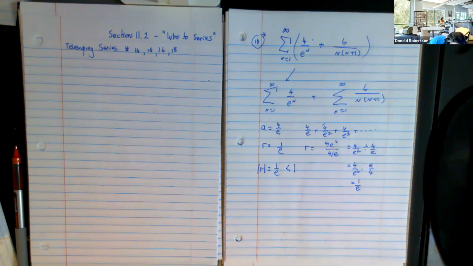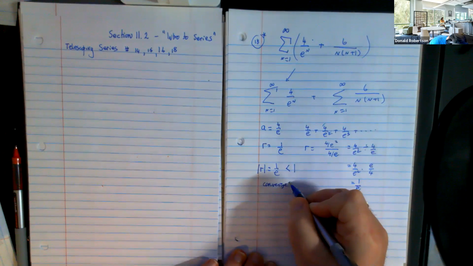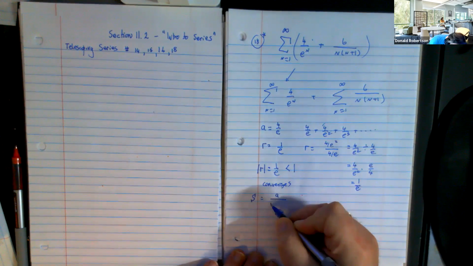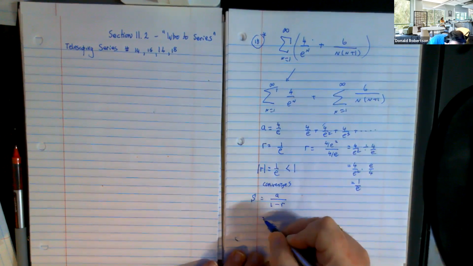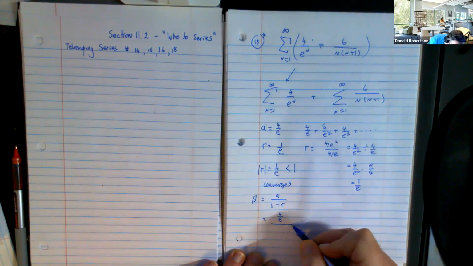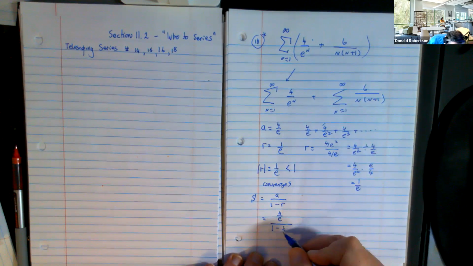So it's definitely less than 1. So that means it converges, which is good news. And now I need to know what its sum is. Well, it's a over 1 take away r, which is 4 over e all over 1 take away 1 over e.